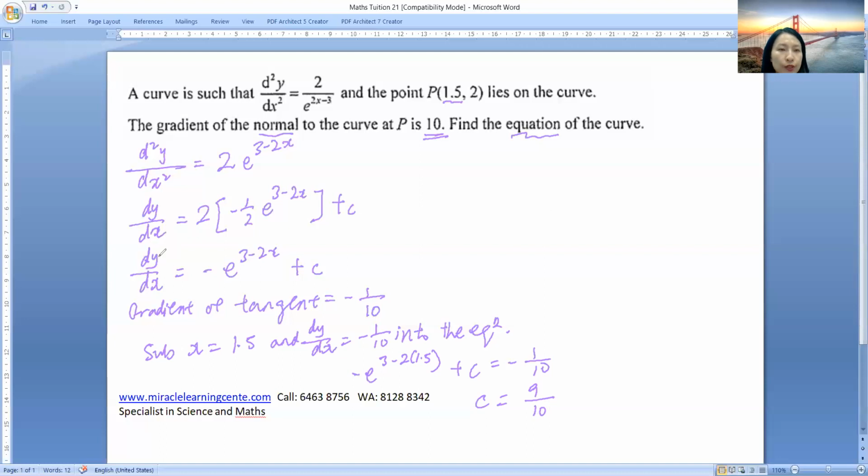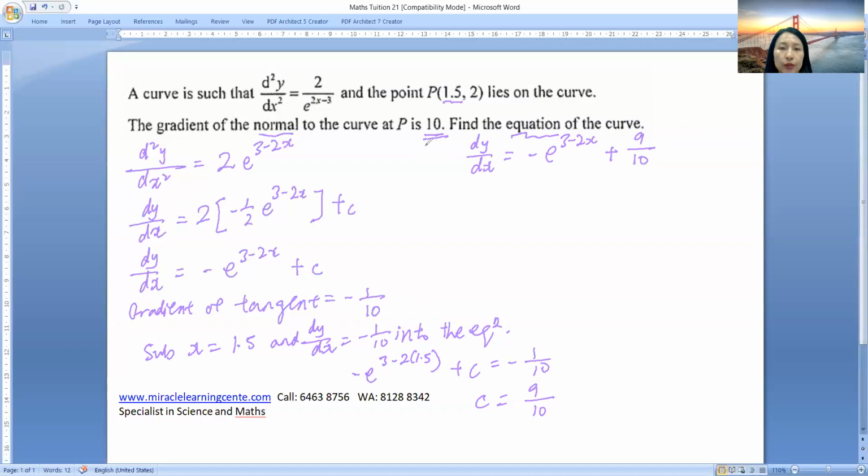So we actually have this equation over here, dy dx equals negative e to the power of 3 minus 2x plus 9 over 10, which is a constant. So from here we need to find the equation. So we need to integrate one more time.